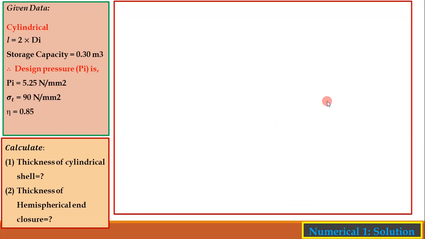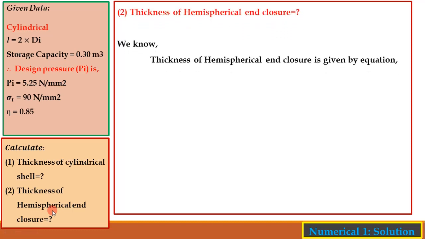Now let us solve the second point, the thickness of the hemispherical enclosure. The thickness of the hemispherical enclosure is given by the equation: small t = Pi Ri / (2 sigma T eta - 0.2 Pi) + Ca. Here Ri is the inside radius of the hemispherical enclosure, and it is half of the inside diameter of the cylinder, that is half of di.